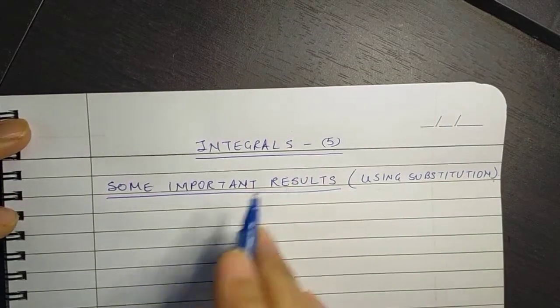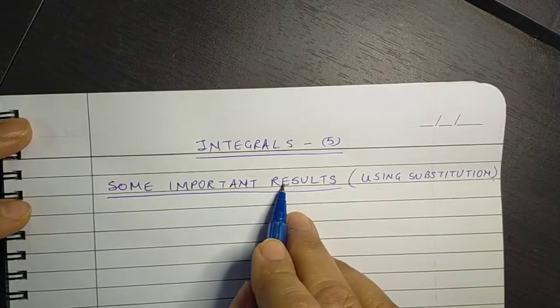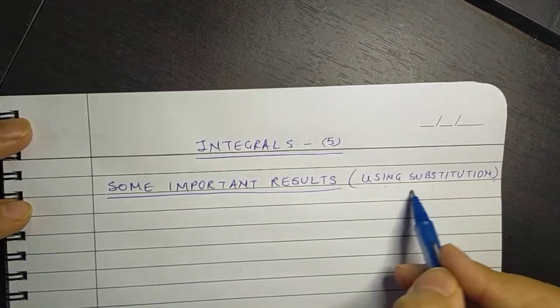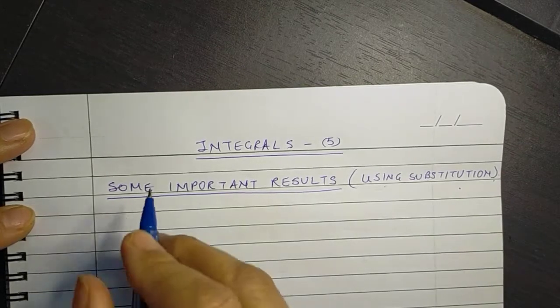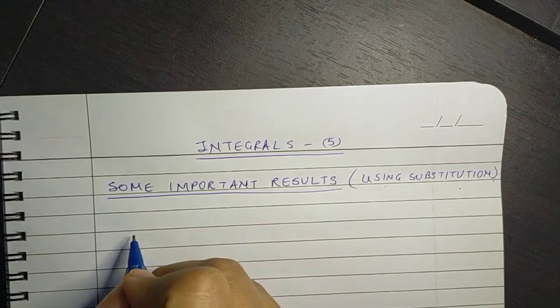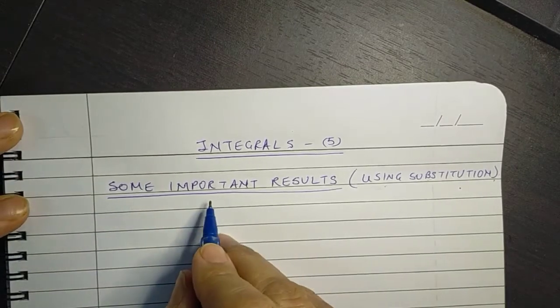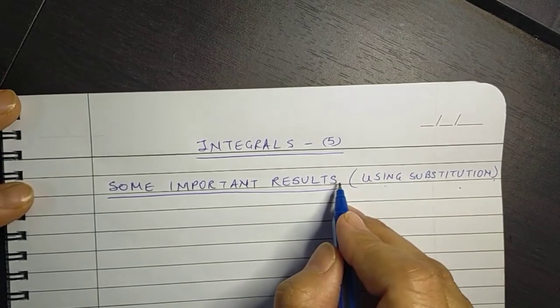Good morning. Today we are going to take up some very important results using the concept of substitution. Now, as you would have already observed, we had a long list of integrals which we found by observation using the results of derivatives.